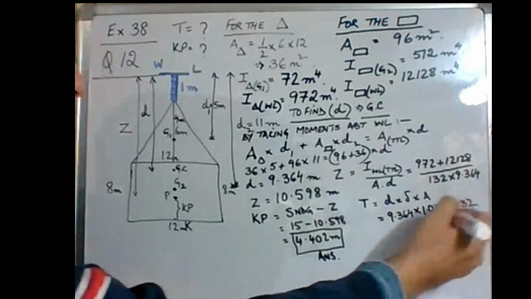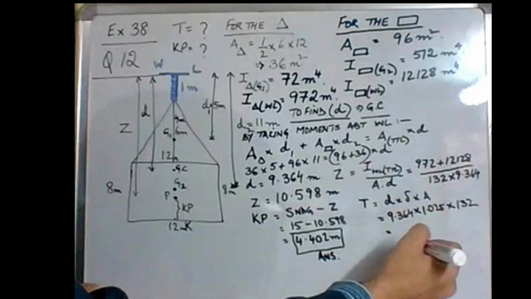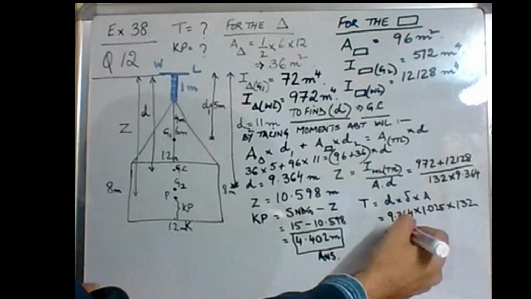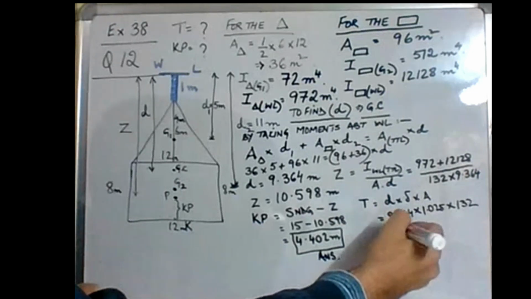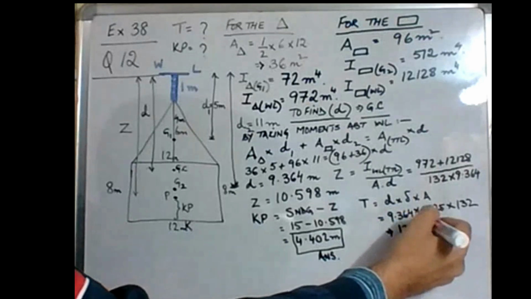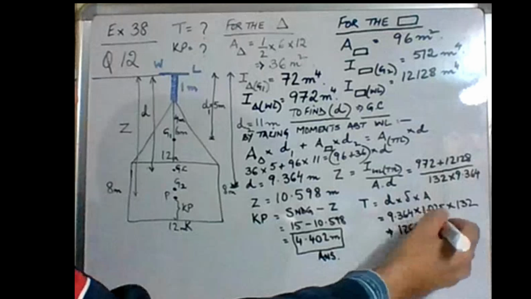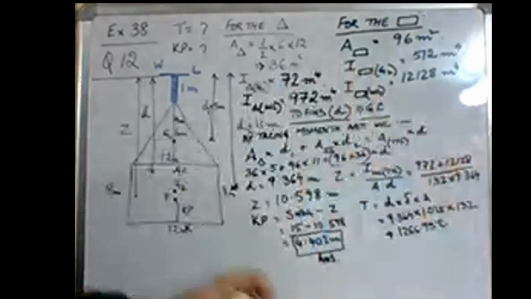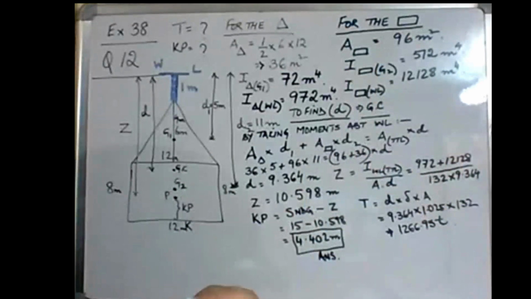Area total 132. 1266.95 टन्स. ये फर्स्ट आ गया.